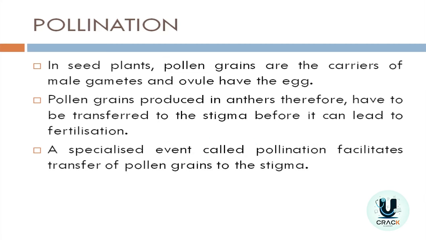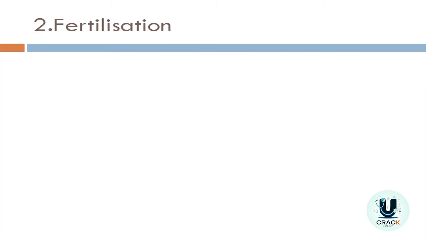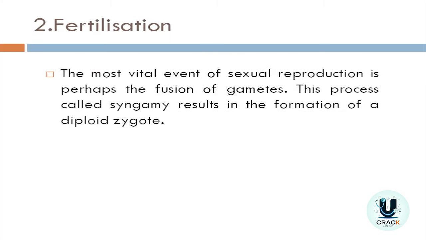A specialized event called pollination facilitates transfer of pollen grains to the stigma. Fertilization. The most vital event of sexual reproduction is perhaps the fusion of gametes. When the two gametes, male and female, fuse, this process called syngamy results in the formation of a diploid zygote. When I showed the pictures of female gametogenesis, there were diploid cells.